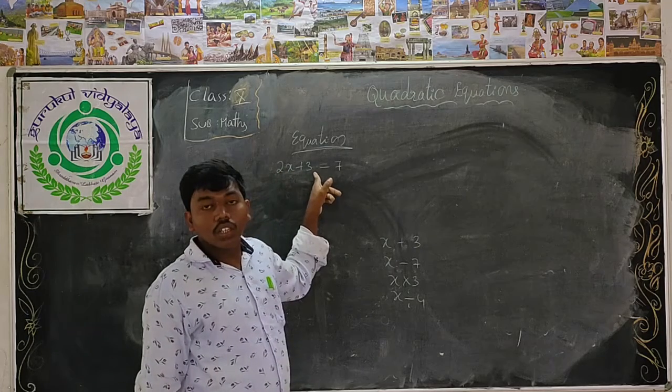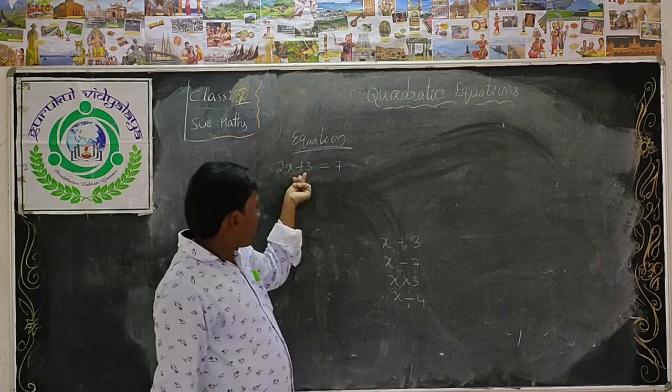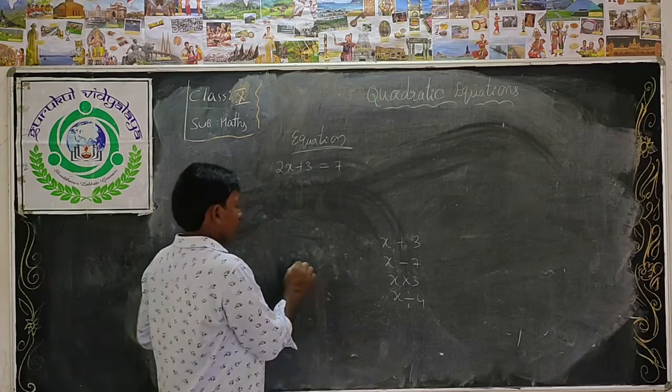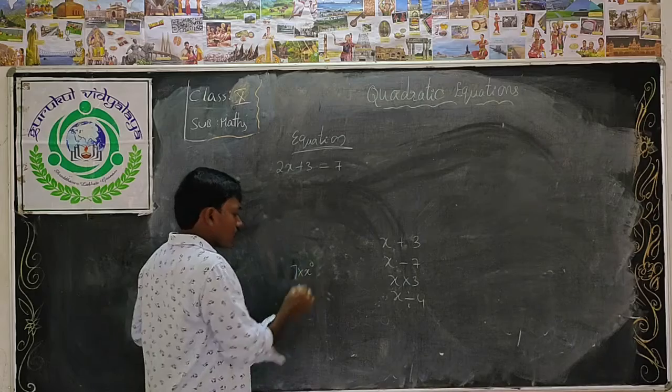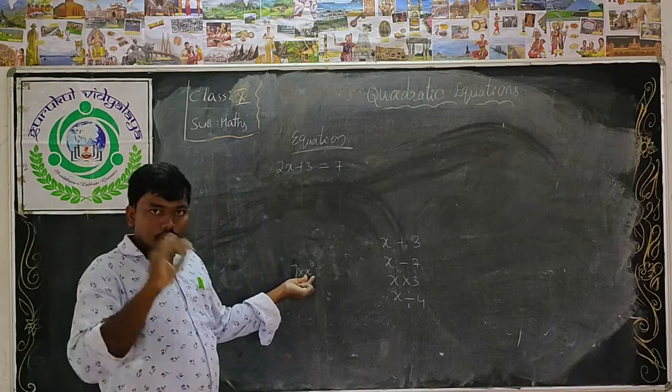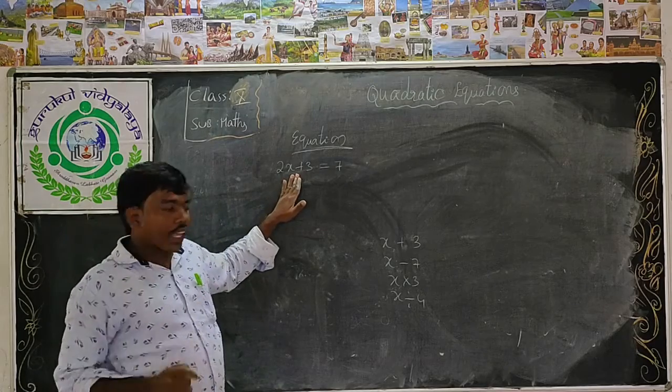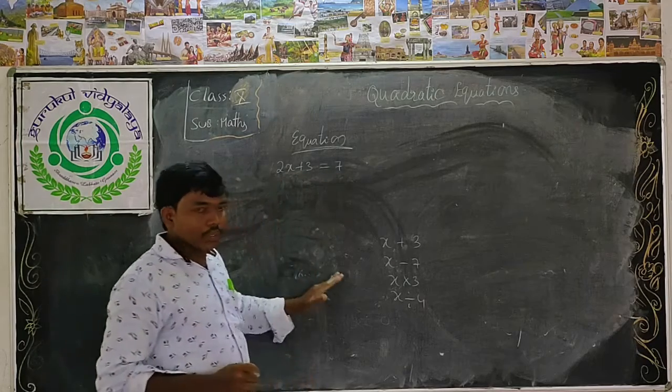This is also an arithmetic operation. Why? Because 7 into x power 0. x power 0 value is 1, 7 ones are 7. So this is one algebraic expression. This is one algebraic expression.